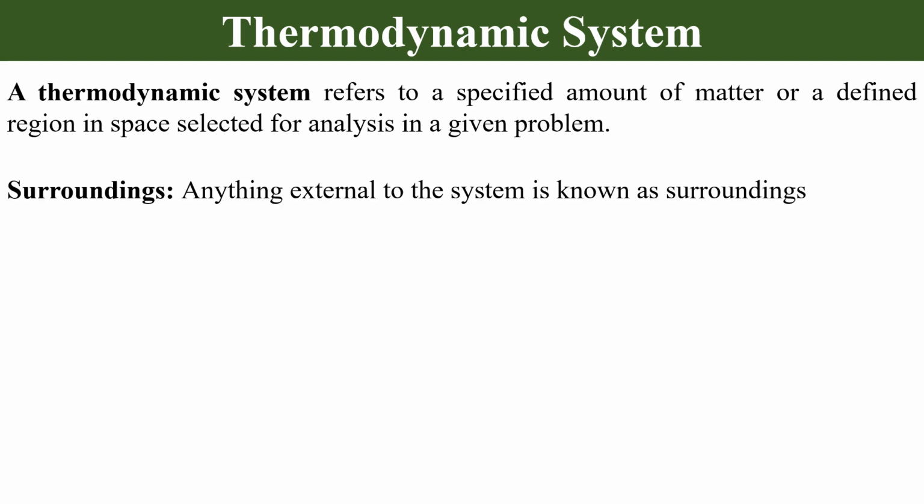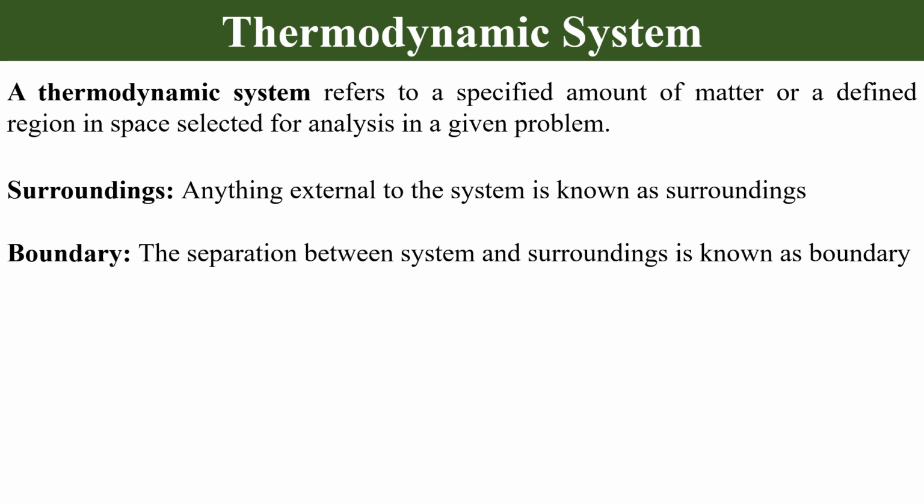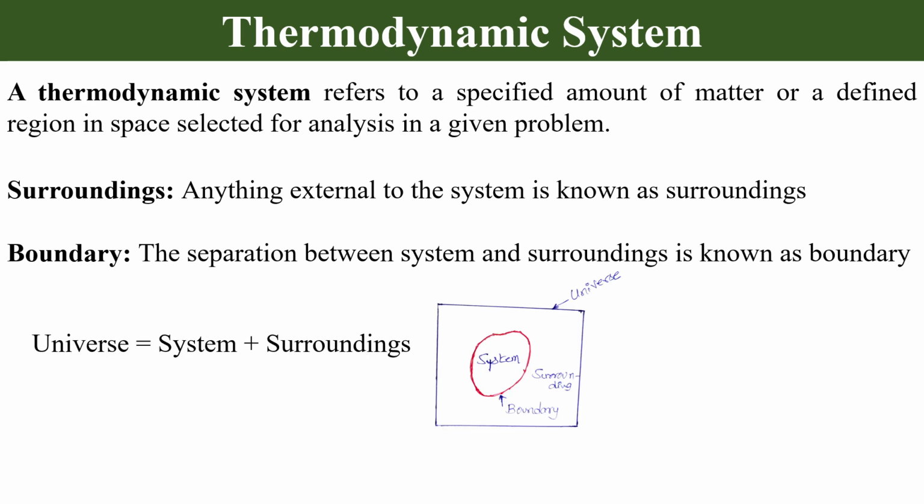Next we have to look at the surroundings. Anything external to the system is known as the surroundings. And the separation between the system and surroundings is known as the boundary.